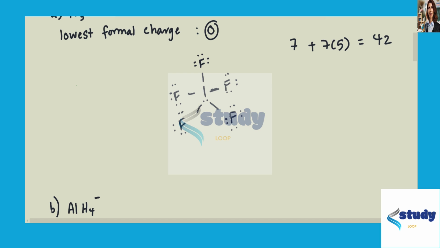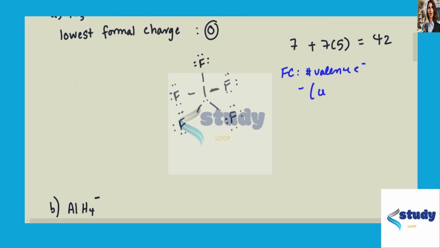Let's go ahead and calculate the formal charge. The formula to calculate formal charge is the number of valence electrons, and not to get confused, but it's the number of valence electrons that, when you think of fluorine, it should have based on the periodic table. Then now we're looking at what is actually happening.